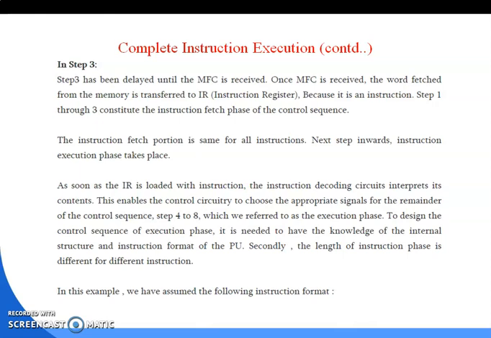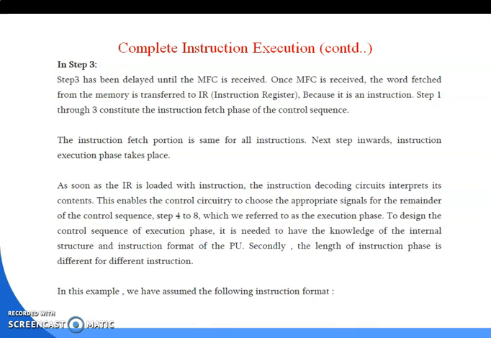To design the control sequence of the execution phase, it is needed to have knowledge of the internal structure and instruction format of the processor unit. Secondly, the length of the execution phase is different for different instructions.